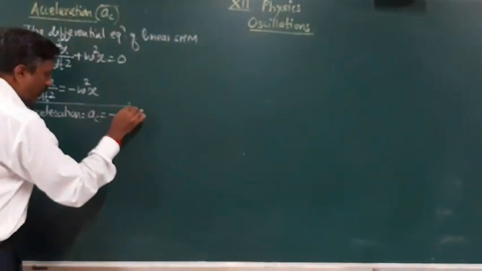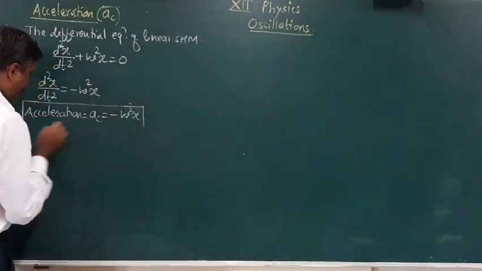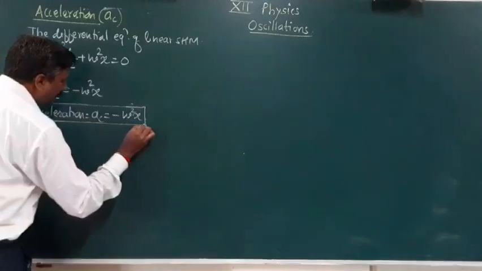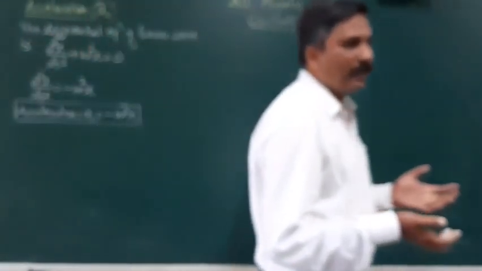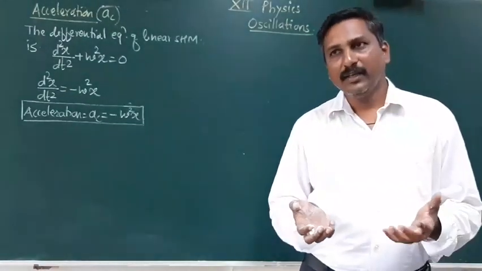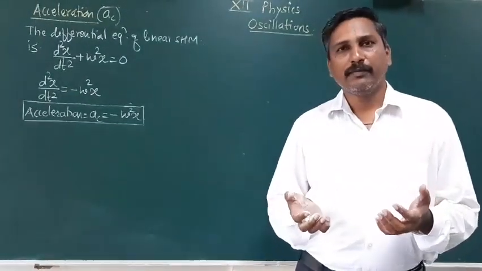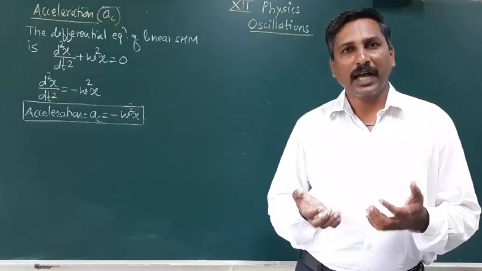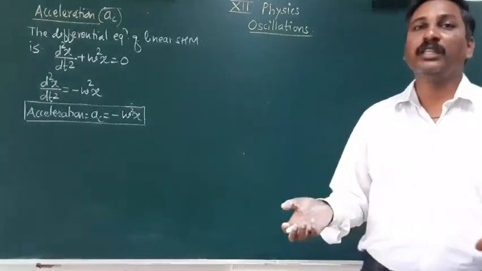This is the most important formula of this chapter: the acceleration of a particle is given by minus omega square x. But in most numericals, the question is like this: calculate the acceleration of the particle, and the examiner asks only for the magnitude, not the direction.